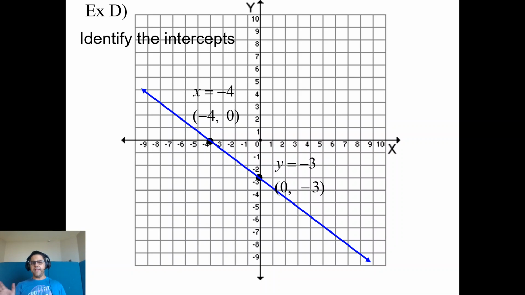So reaffirming that idea, x-coordinate, y-coordinate, always written that way. On the x-intercept, your y value is 0. And that's going to be very helpful for what we're going to do for the next few problems. And then when you're on your y-intercept, the x value is 0. So notice how the answers are written in nice ordered pair.